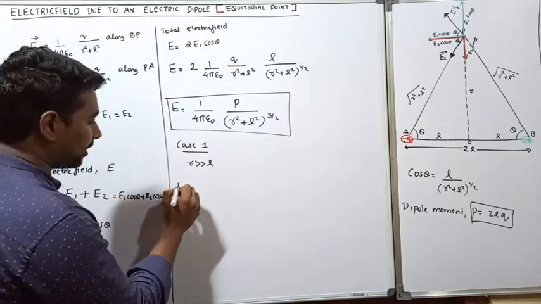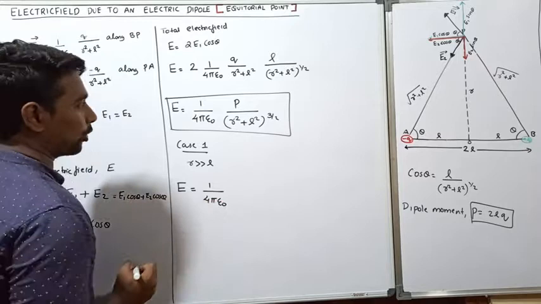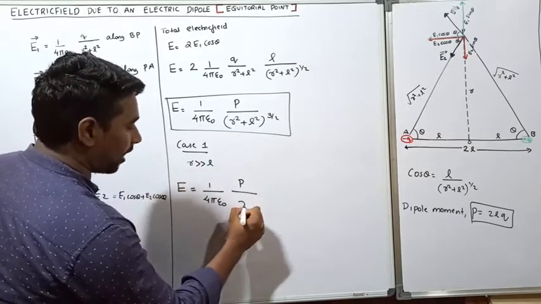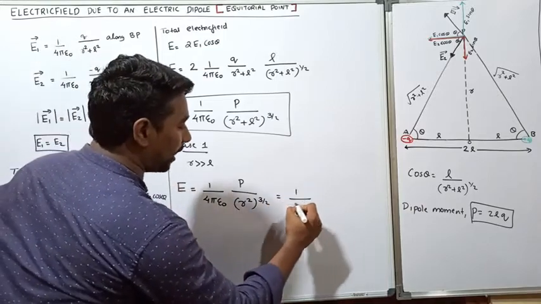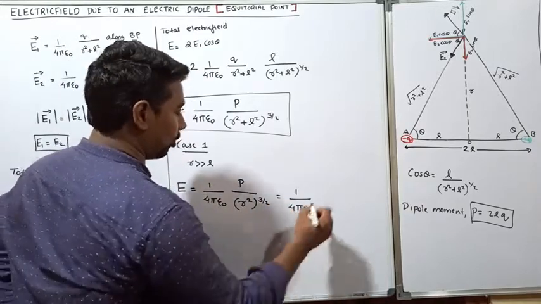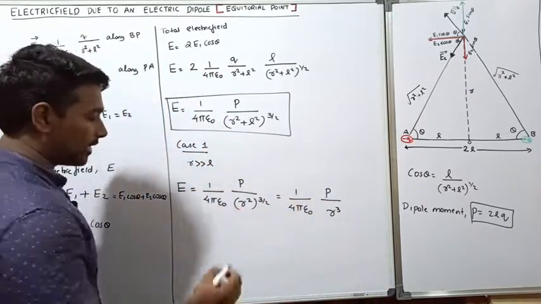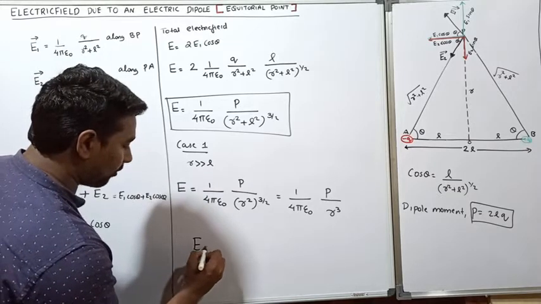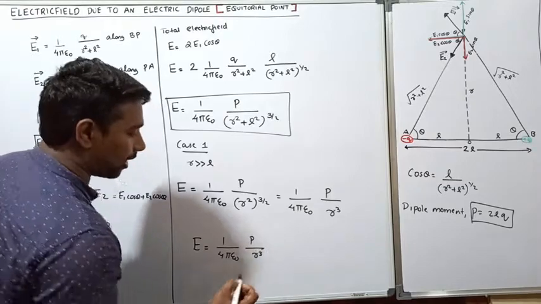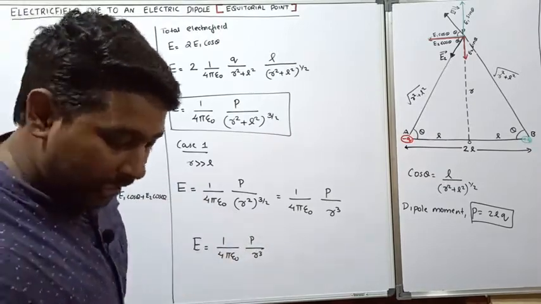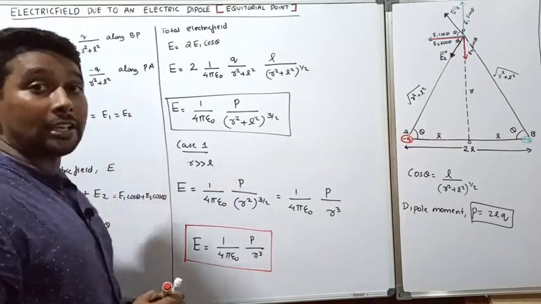That means the electric field will be 1 by 4 pi epsilon 0 p by r square the whole raised to 3 by 2, that is 1 by 4 pi epsilon 0 p by r cube. So our equation is E equal to 1 by 4 pi epsilon 0 p by r cube. This is our electric field due to an electric dipole at an equatorial point.